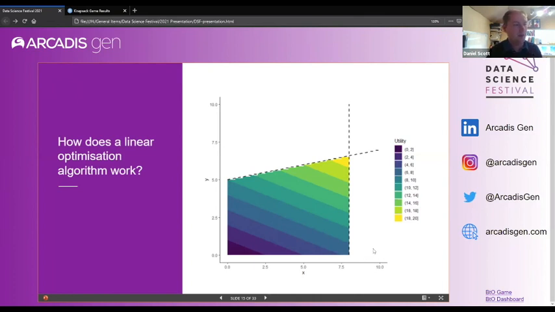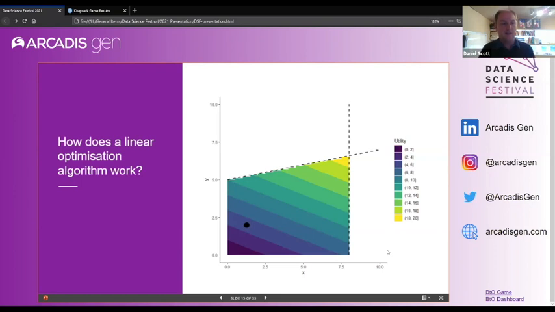The way that a linear optimization algorithm works, and I'm going to keep this fairly simple around a simplex method type approach and not bring in integer programming and other key elements, in essence, the algorithm will initialize at some point within the accepted zone. It doesn't know where the peak is. It's just going to start somewhere within that zone.